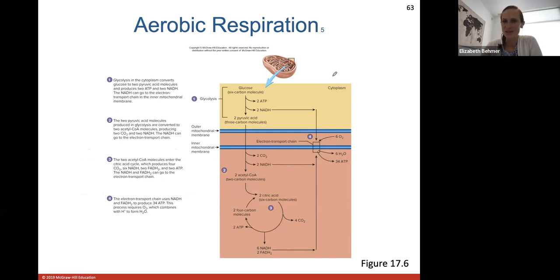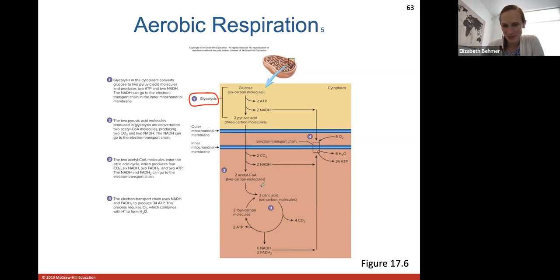You need to understand really simply what glycolysis is. That produces 2 ATP. It happens in the cytoplasm. That's the first step in aerobic respiration. And then we have the pyruvic acid molecules entering this citric acid cycle. And in the citric acid cycle, I think down here we have 2 pyruvic acid molecules converted to acetyl-CoA, producing 2 carbon dioxide and 2 NADH.